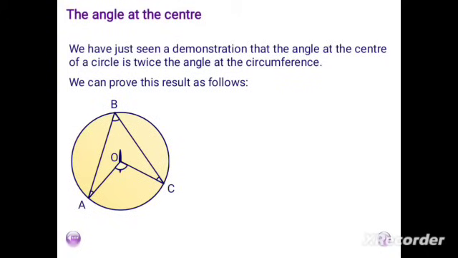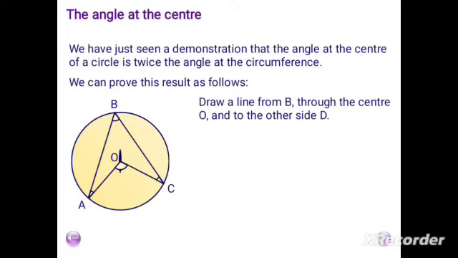We have just seen a demonstration that the angle at the center of a circle is twice the angle at the circumference. We can prove this result as follows. So draw a line from B through the center O and to the other side D. After that, considering triangle AOB, we have that OA is equal to OB because they are radii of this circle.